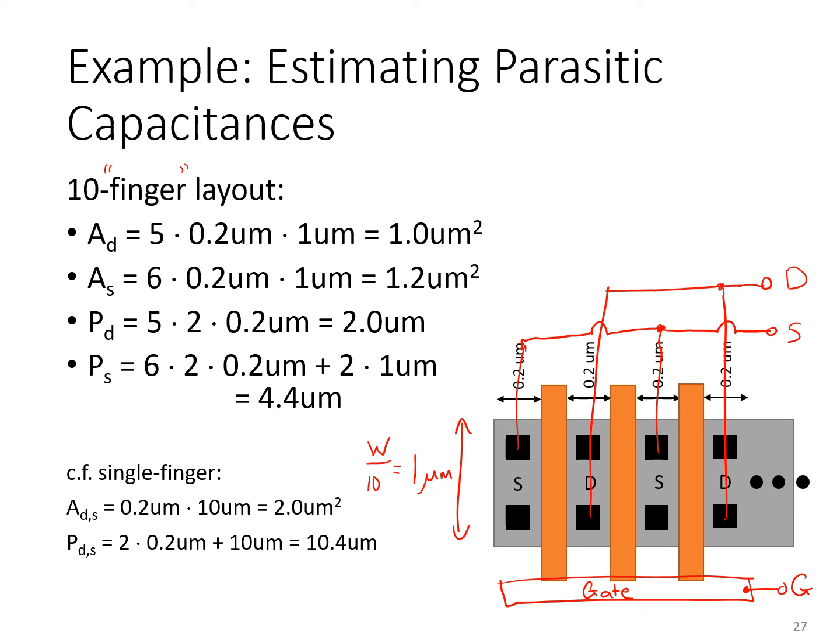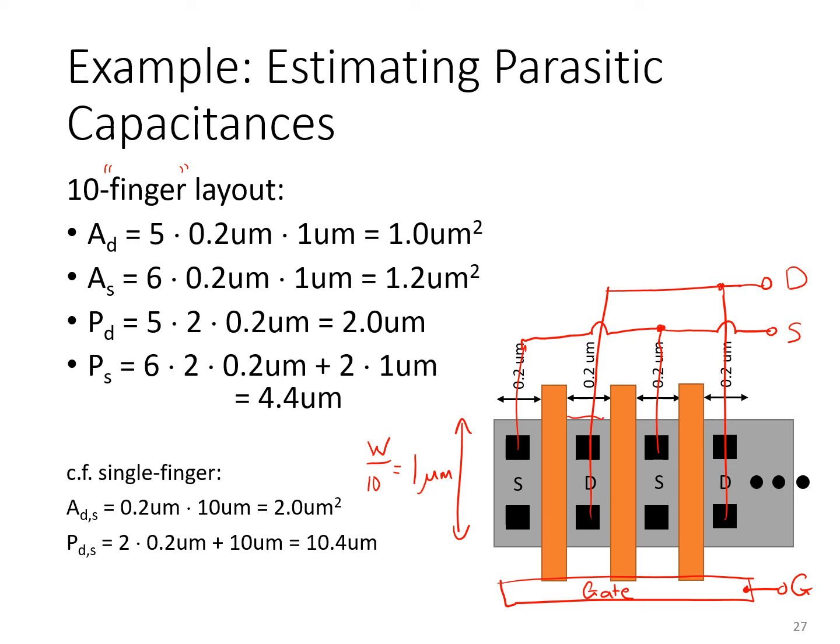So interestingly, simple geometry and arithmetic will reveal that with this layout strategy, you end up with smaller junction areas, smaller perimeter values, and therefore smaller parasitic capacitances. And essentially, that's because by kind of folding the transistor on itself, we're able to reuse or share junctions for 2 fingers of layout.